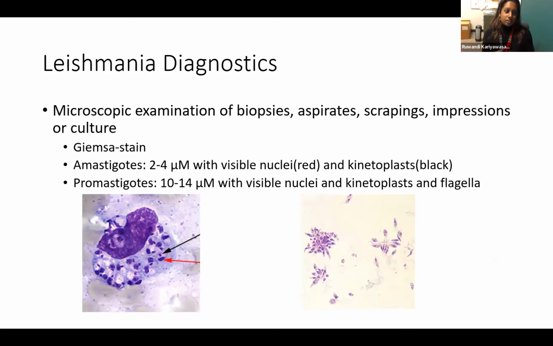So with diagnostics for leishmaniasis, for example, microscopy, as I did mention, is still our mainstay. We can look at these organisms under the microscope on a variety of different samples. If you recall my slide on the life cycle, you can see what is referred to as the promastigotes. On the bottom right, there are these flagellated parasites that are swimming.